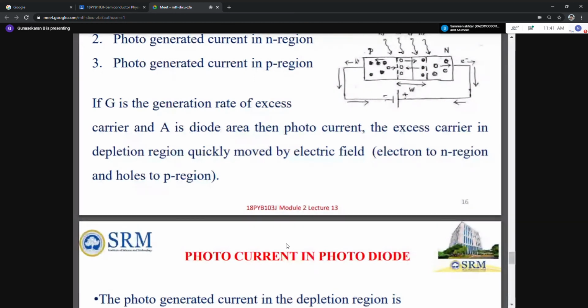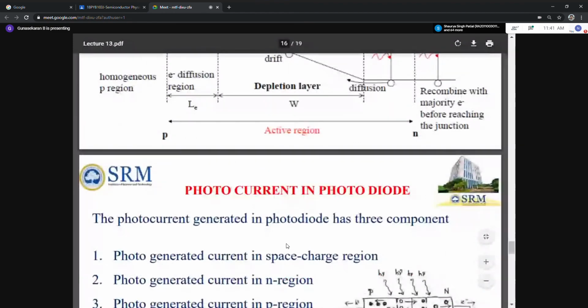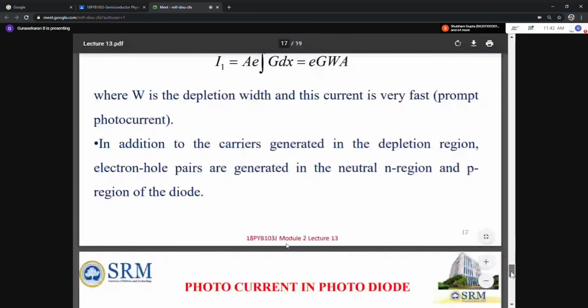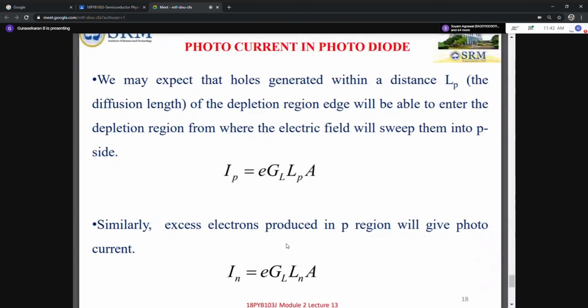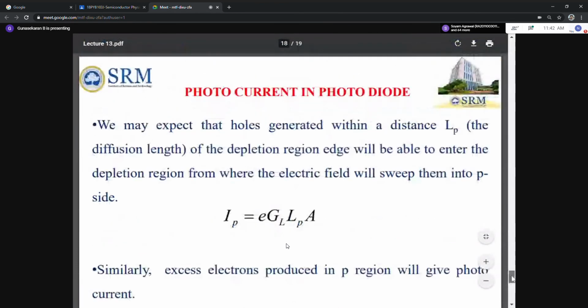That rate is given by G, the generation rate of excess charge carriers, and is given by this equation: e G Lp A and e G Ln A. That is identified in the diagram here. You can see the diagram here.